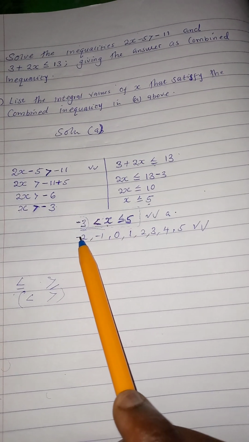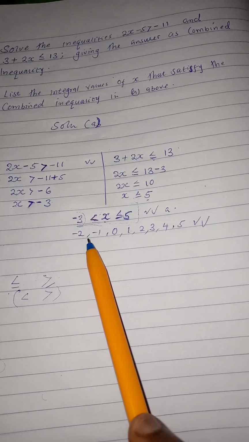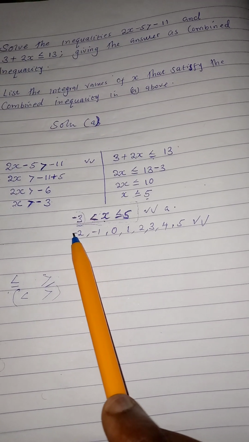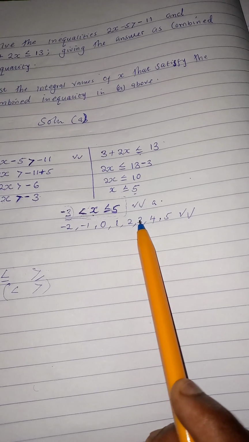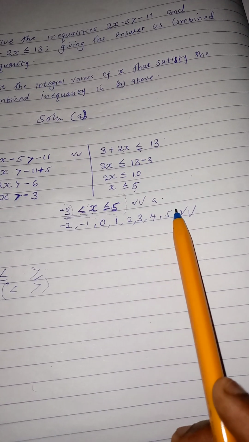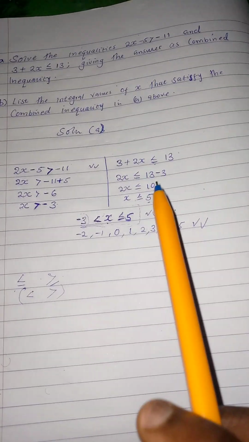So it is negative 2 up to 5, but we have been told to list them. So it will be negative 2, negative 1, 0, 1, 2, 3, 4, 5. These are the integral values that satisfy the combined inequality.